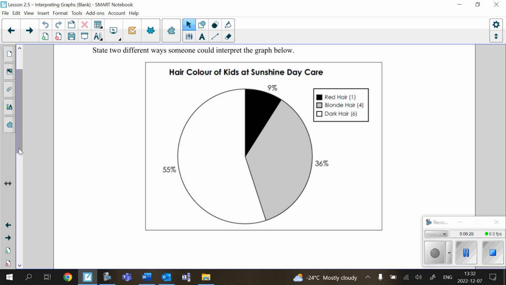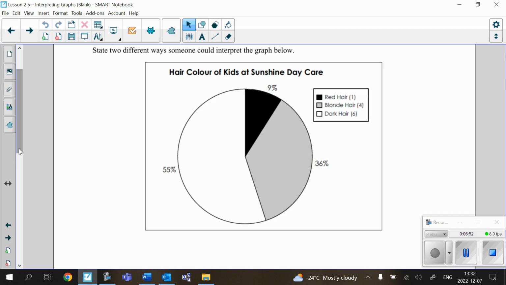Now, we've got to be careful, though, when we look at these things, because we can't apply that to every daycare. Because look at the number of kids we're dealing with. We're dealing with 11 kids. That's not a big group, okay? Because we could easily walk into a daycare 5 blocks down the road and see 6 with blonde hair, 4 with dark, and 1 with red.